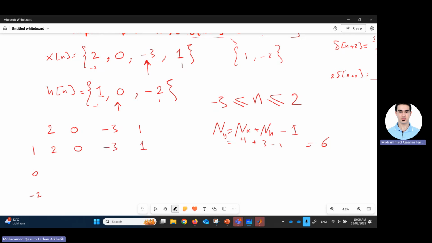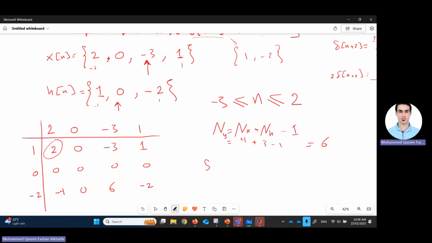And 1. Everything times 0 is going to be all zeros here. And the last one, 2 by -2, that's -4. I have 0. No, -3 by -2, that's 6. 1 by -2, that's -2. Okay, let me draw these lines to know that these are my inputs, so they will not be included into my results. So what will be the first sample?